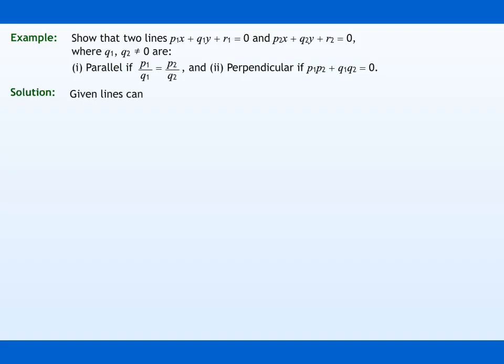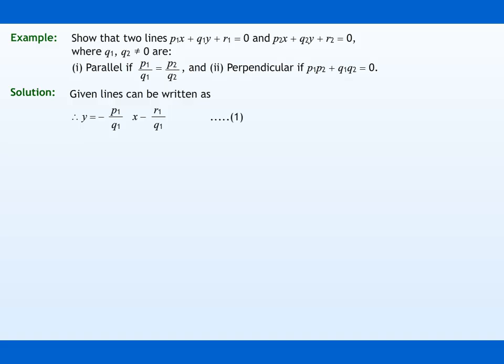The given lines can be written as P1x plus Q1y plus R1 is equal to 0, or Q1y is equal to minus P1x minus R1. Therefore, y is equal to minus P1 upon Q1 x minus R1 upon Q1.